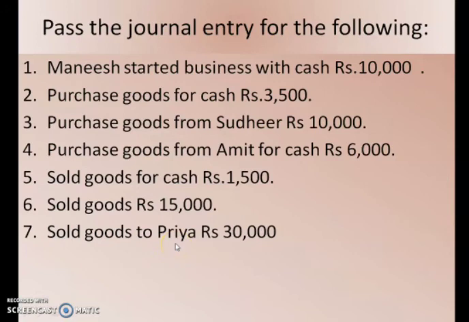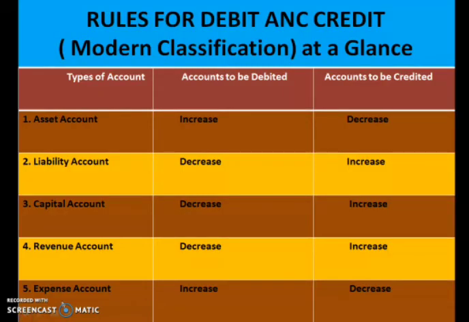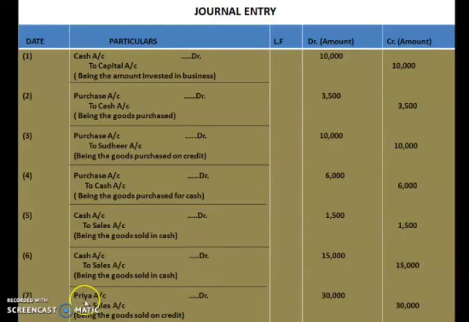So she is our debtor. Debtor is an asset. So if debtor is increasing, what are you supposed to do? It should be debited. So Priya is our debtor. Debtor is an item coming under asset. If it is increasing, you are supposed to debit it. So the journal entry goes this way.